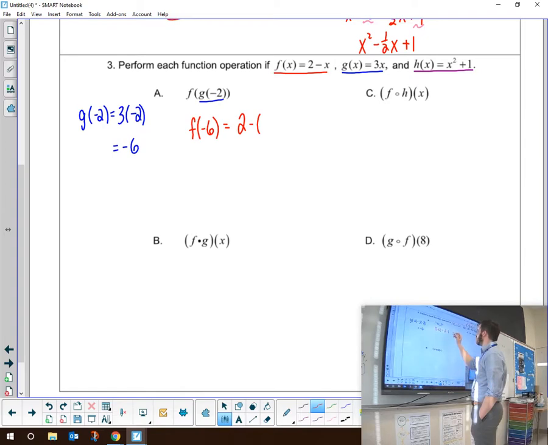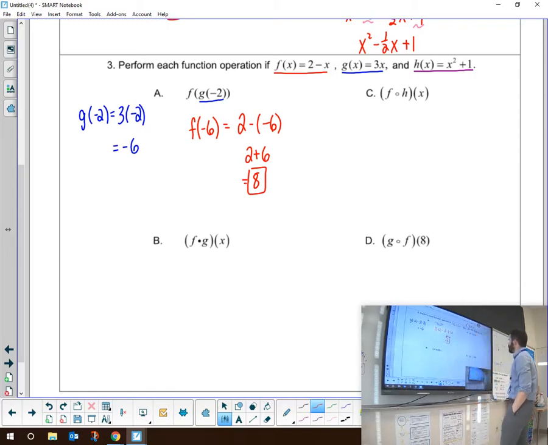So it's going to be 2 minus a negative 6. Okay, so we're going to have 2 plus 6 now, because minusing a negative is adding. We're losing debt. Okay, then 2 plus 6 is 8. So there's our answer. f of g of negative 2 is 8. Just go from the inside to the outside, okay?